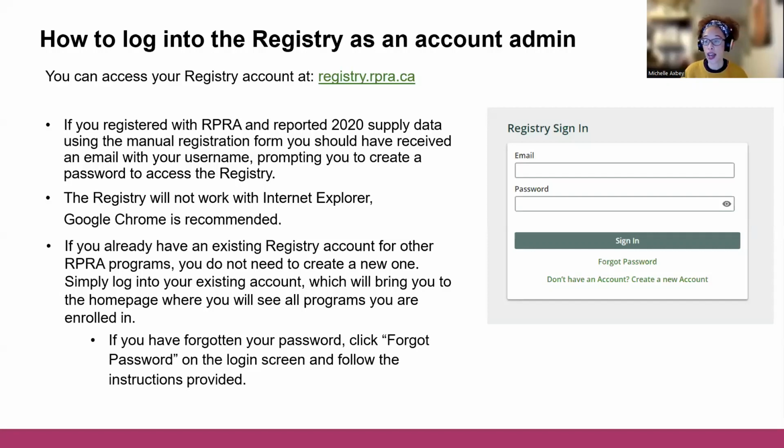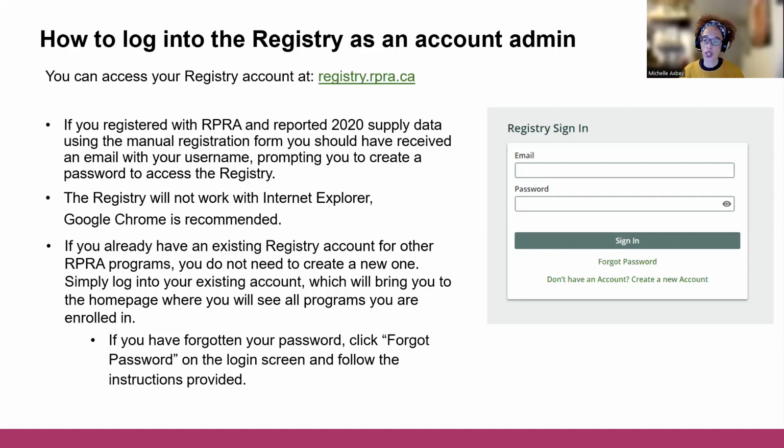If you've already done that, or if you are already registered in another program, you don't necessarily need to go that route. You can just go directly to the registry sign-in page, which looks like this, enter in your email and password, and then log in that way.